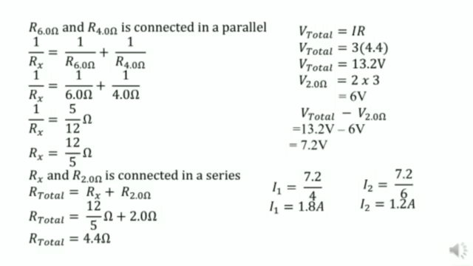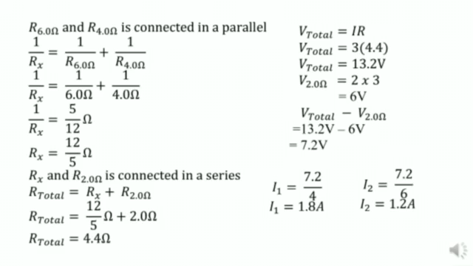The voltage of R 6.0 ohms is equal to that of R 4.0 ohms. So we use the total voltage minus the 2.0 ohm voltage, and we get the voltage of 6.0 ohms and 4.0 ohms, which is 7.2 volt.